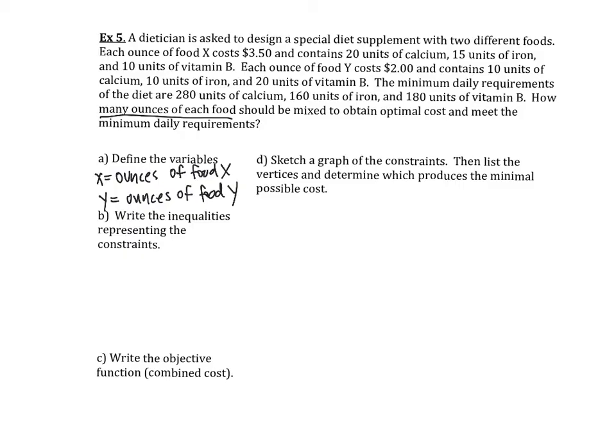So what do they tell me that has a restraint? They tell me the minimum daily requirements. Minimum daily requirements mean it must be this or higher, which means I'm talking about greater than or equal to.